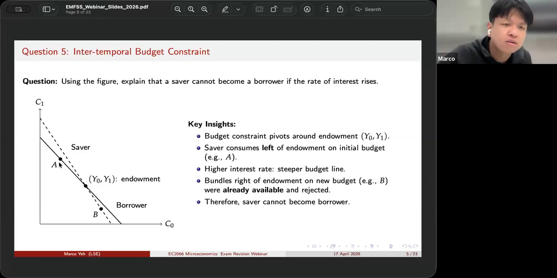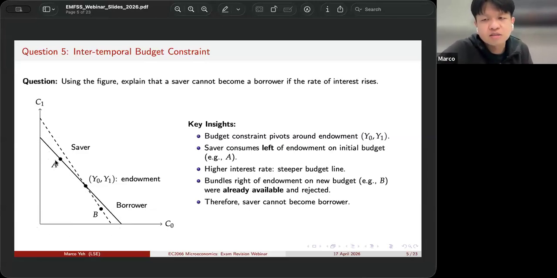I choose A rather than something to the right-hand side because I'm assumed to be a saver. This tells me I prefer bundle A over any bundle in this budget set. So under this triangle, A is the best. That's why I choose A.